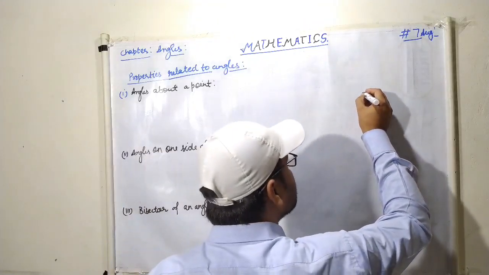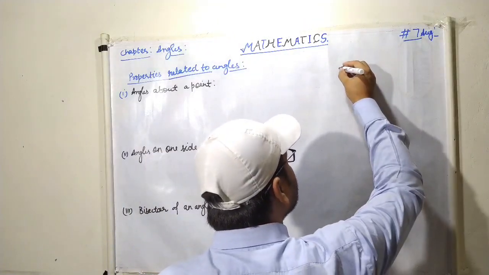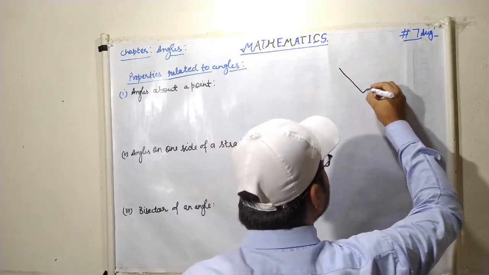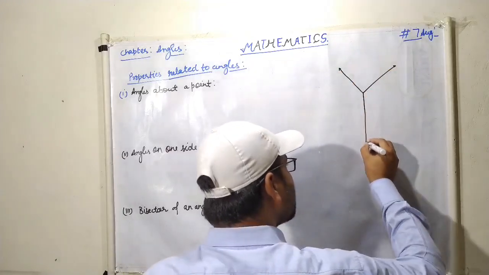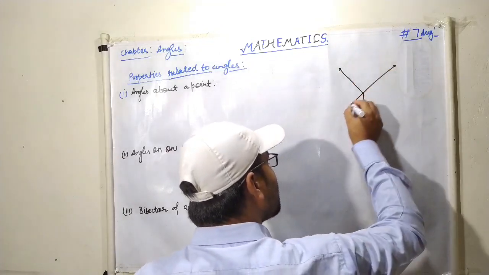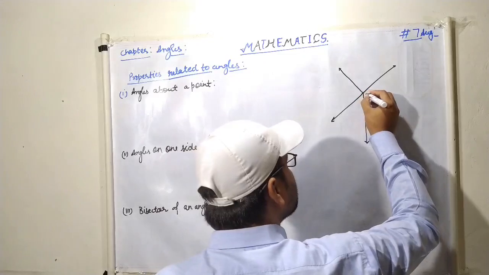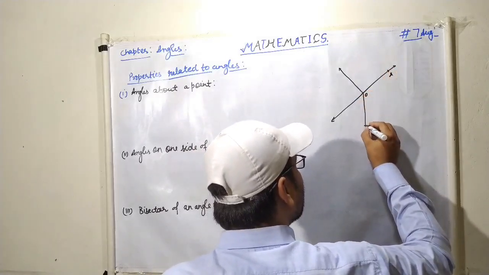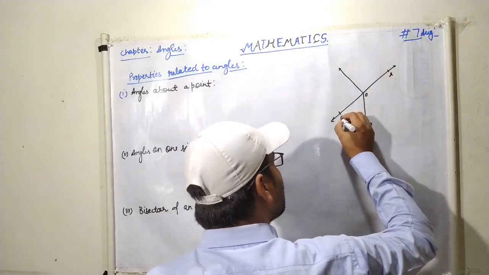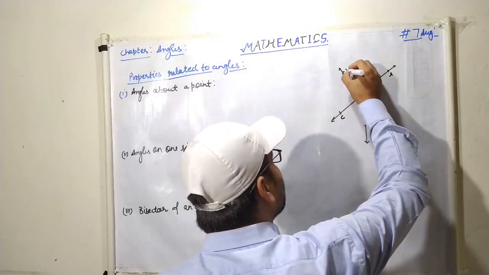This is a point. One angle, 2, 3, 4. That is a point O. This is ray OA, OB, OC, and OD.